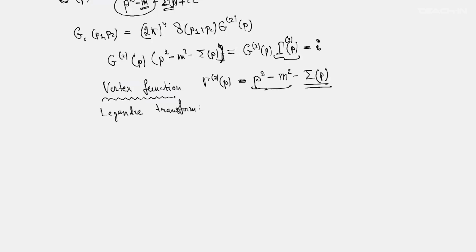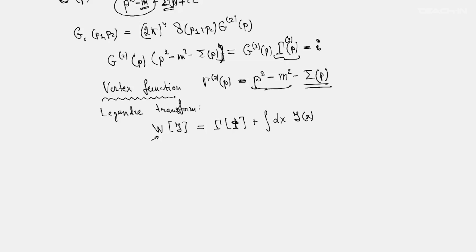I consider W of J as a generating functional for connected Green's functions. And on the top, I introduce the generating functional for vertex functions. This is gamma, depending as a functional on field phi. And I have to add a term which couples my classical source J of x with another classical field which I denote by phi of x.